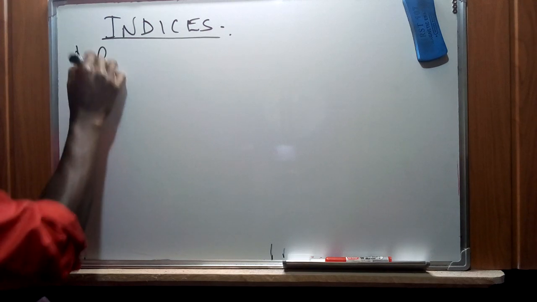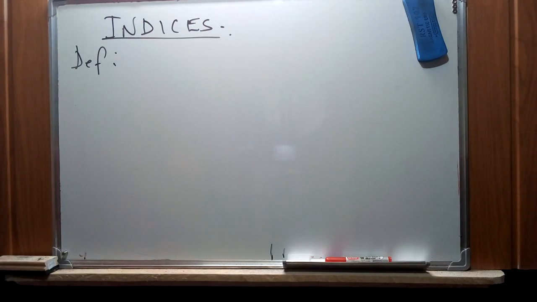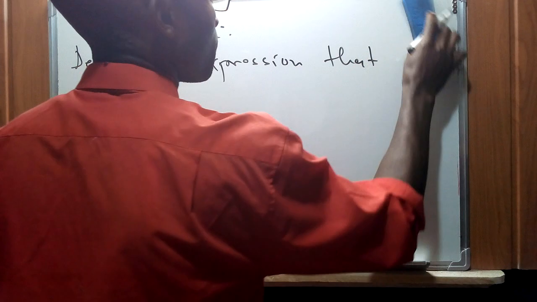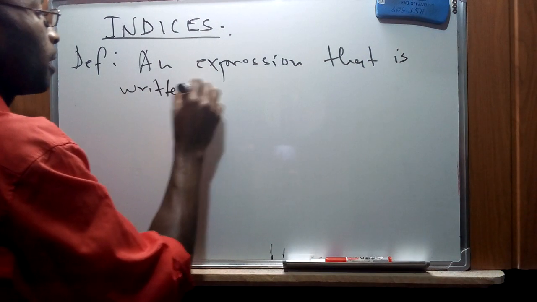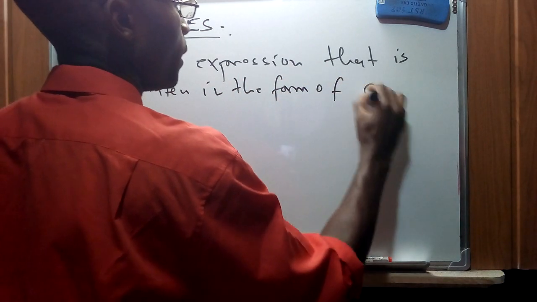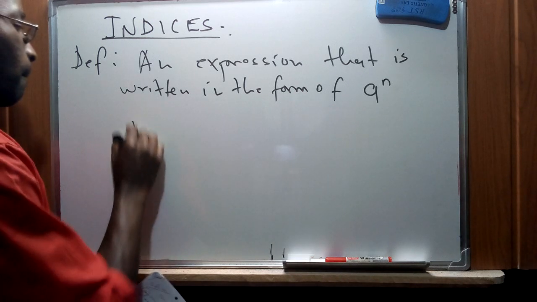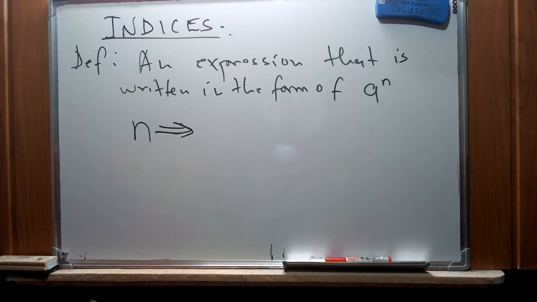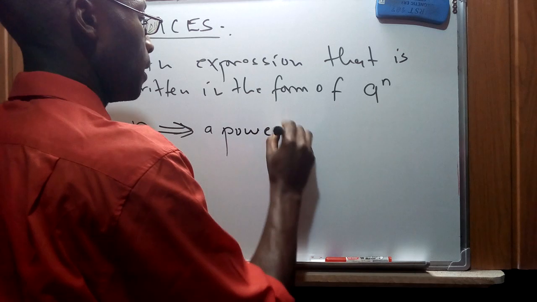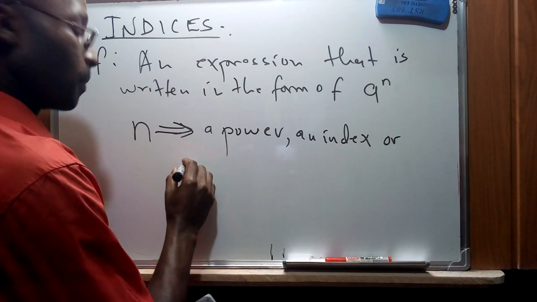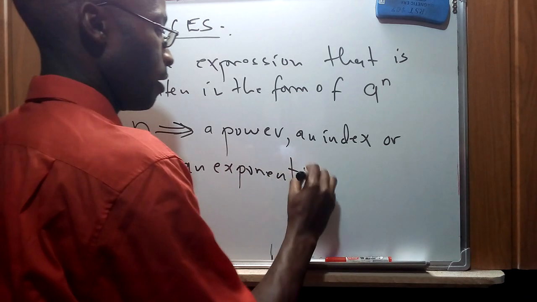By definition, an index refers to an expression that is written in the form of a raised to power n, that is defined as a variable that is raised to a power of a number n, where n implies a power, or what we can refer to as an index, or an exponent of a.